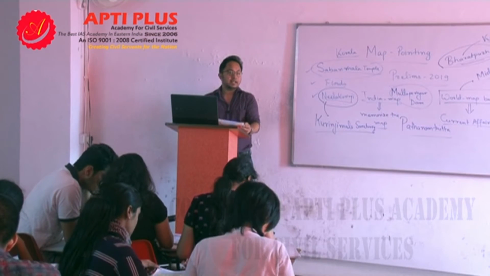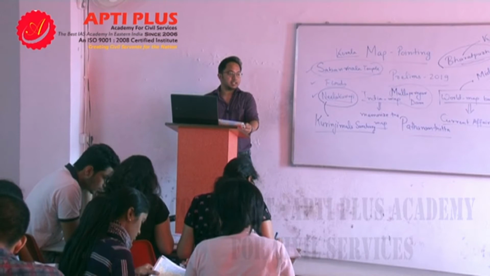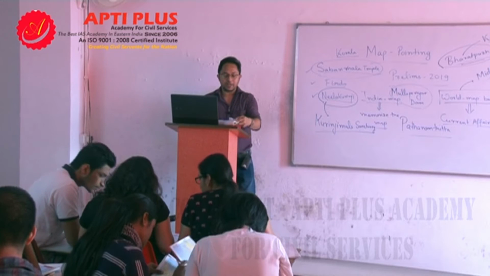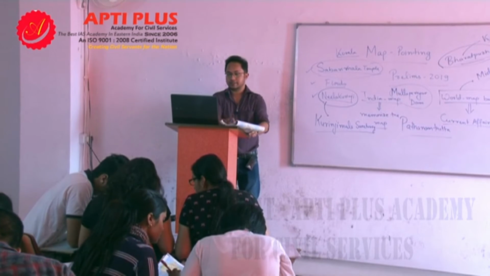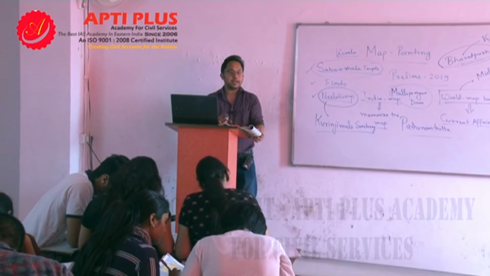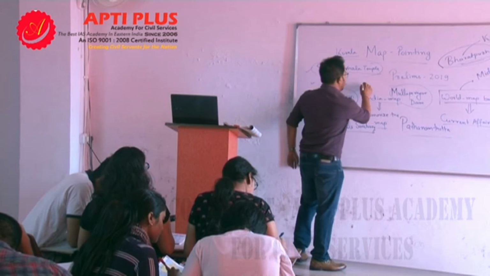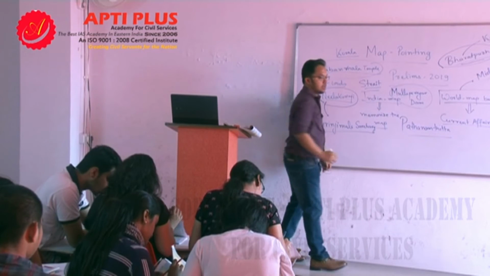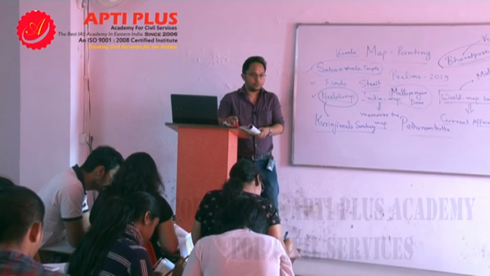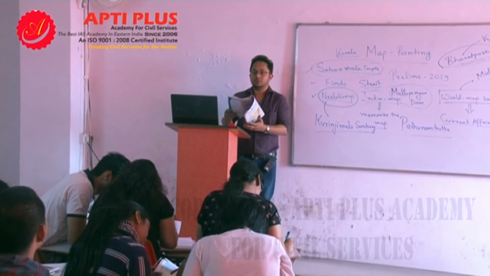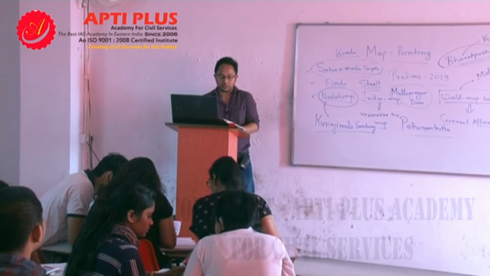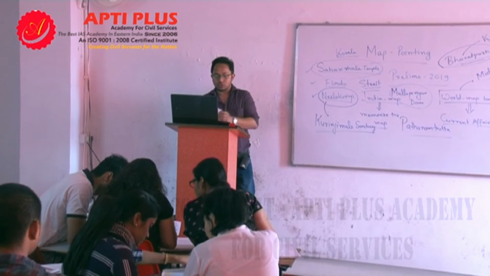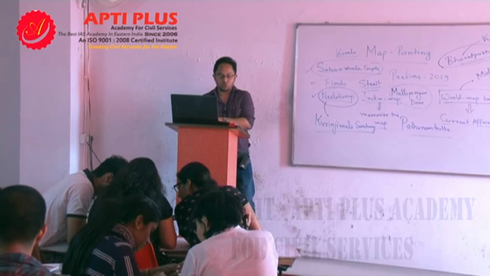Can you find that there is a strait present over here? A strait. What is a strait? S-T-R-A-I-T, strait. Strait is a narrow stretch of water, right? It's a narrow stretch of water which connects two larger water bodies. Can you see a narrow strait present which connects the two parts of Turkey?